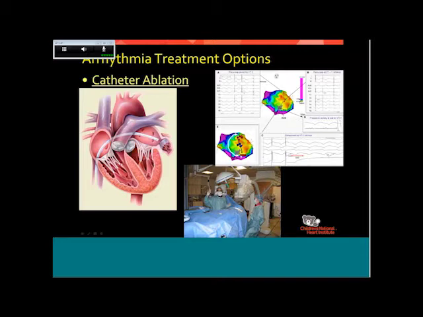So it's sort of like your car, you see the catheter moving along in the heart, and it tells us where to go. It avoids X-ray completely, taking out one of the risk factors for catheter ablation. So we tend to do that now almost first line for things like SVT rather than being on medications.